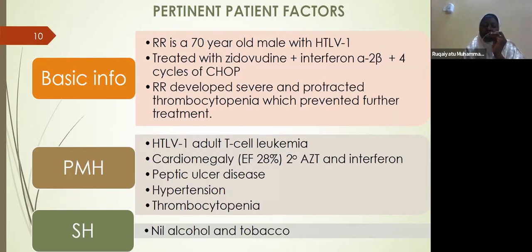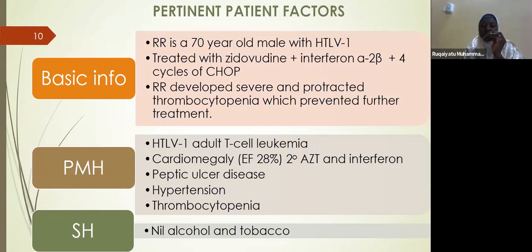And as such, after these cycles of therapy, he developed severe and protracted thrombocytopenia, which prevented further treatment. Definitely, the nadir has to return back to normal.